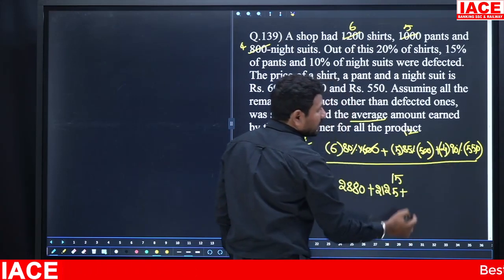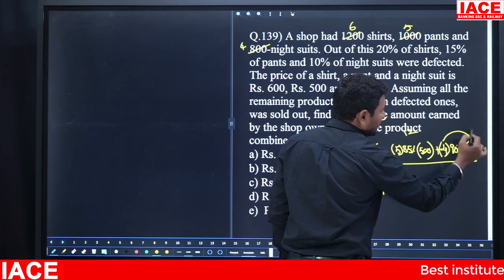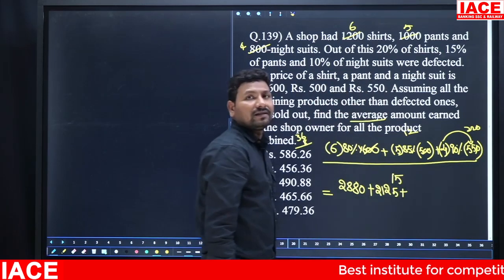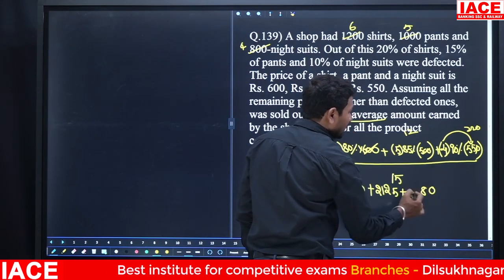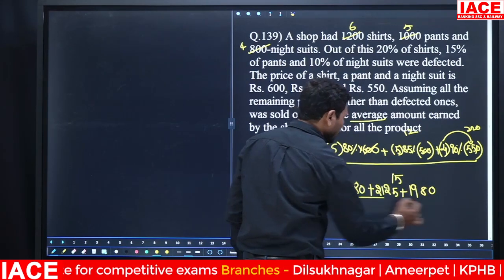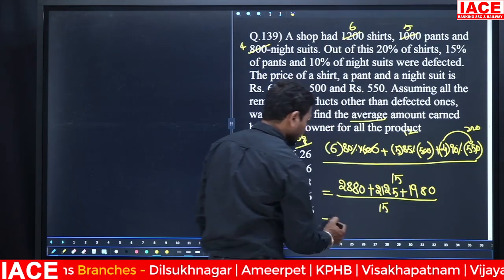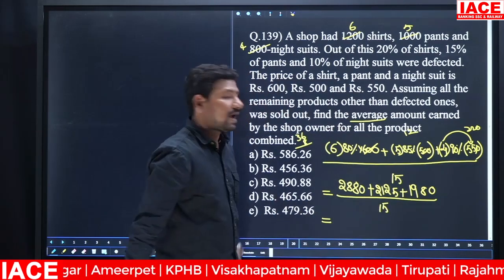Plus, next 4 multiplied by 55 is 220, then multiplied by 9: 9 times 2 is 18, so 1980. Divided by 15. All the numbers are going to be added.